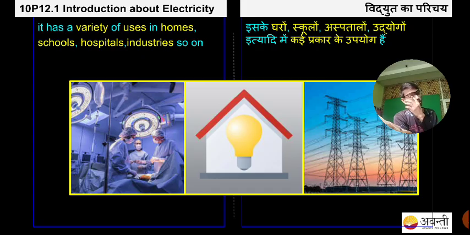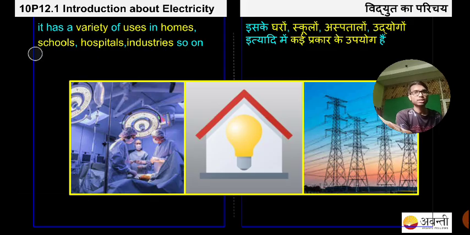In a hospital, more electricity. These are some places where we can directly see the uses and importance of electricity. Apart from these places, there are more places where we can realize the importance of electricity.